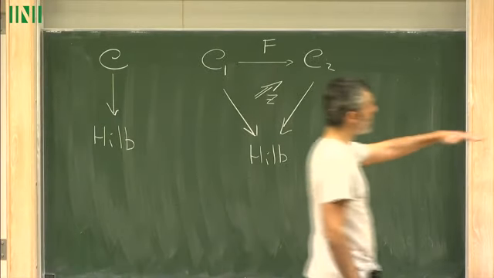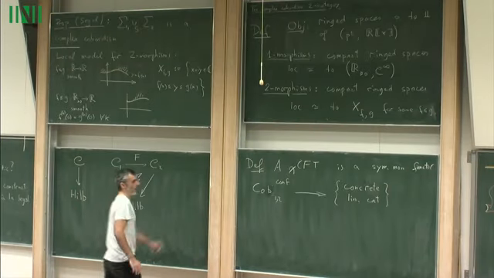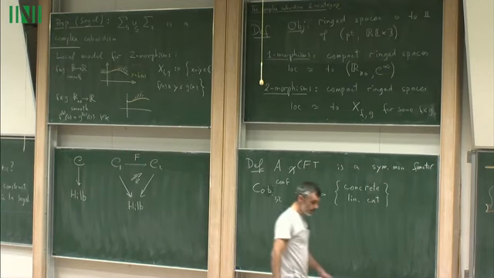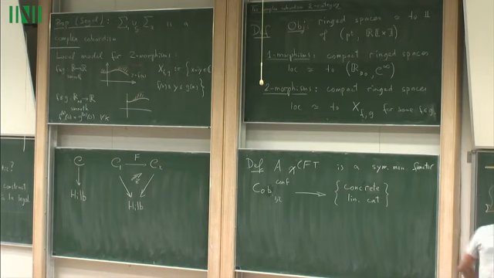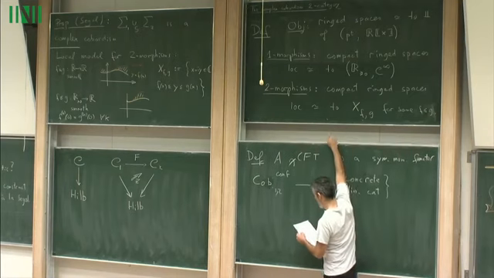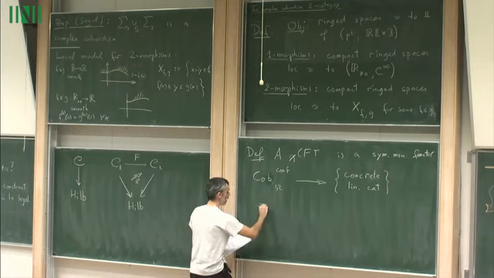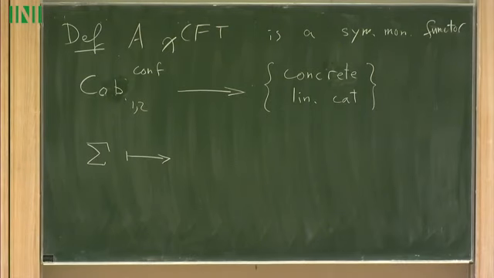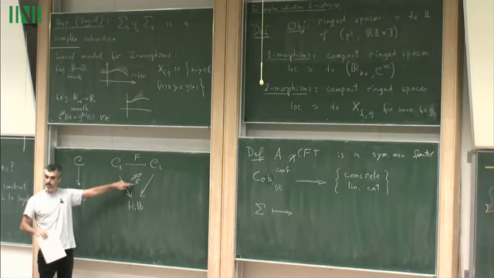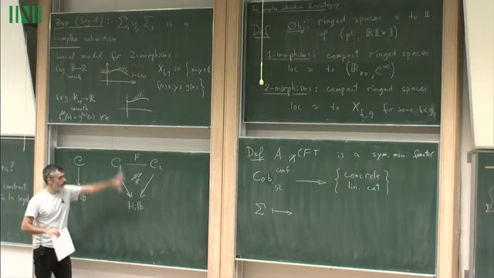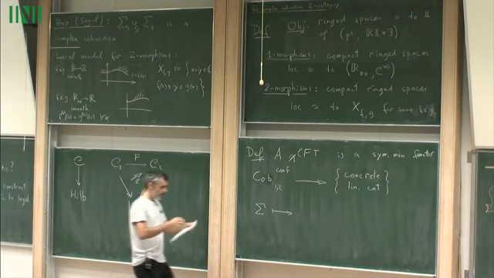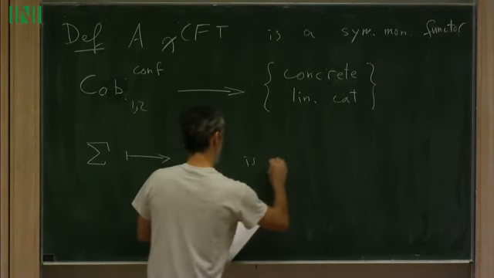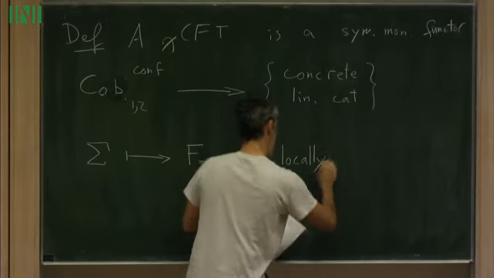So for every one manifold, we have one of these. And for every complex cobordism, we have one of those. Now I'm going to address Nitu's question. You want, in addition to that, the assignment. So if I have a morphism sigma, then to it correspond two pieces of data, F sub sigma and Z sub sigma. Because you get one of those that has an F and a Z. And I want F sub sigma to be locally constant.